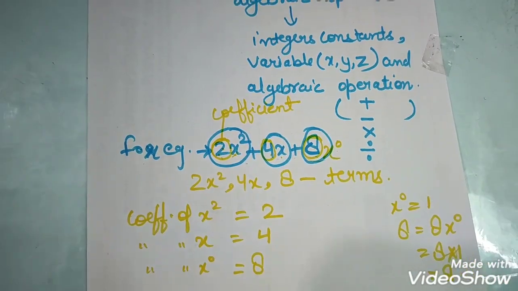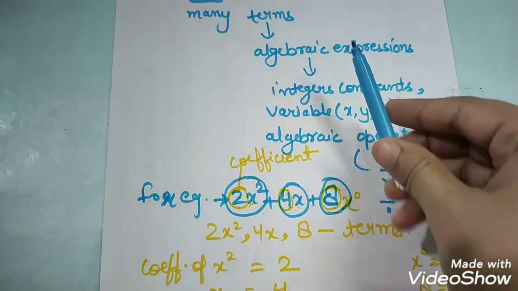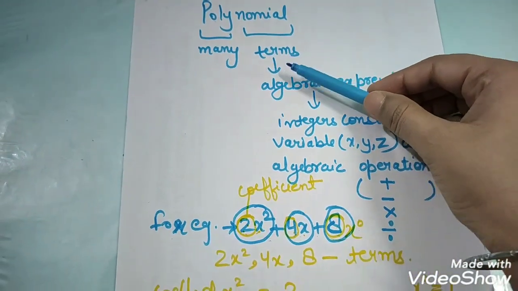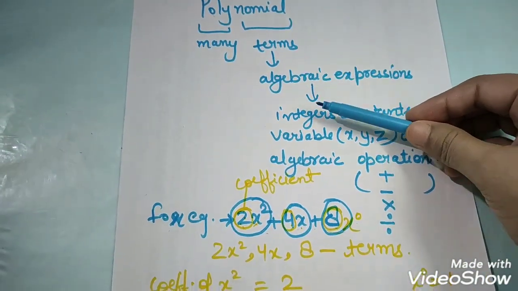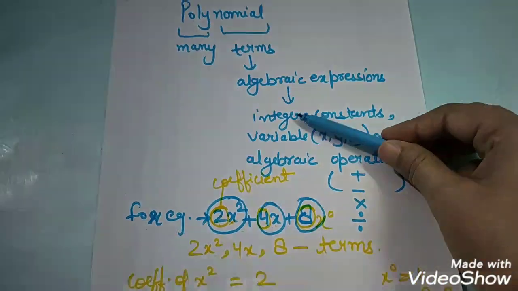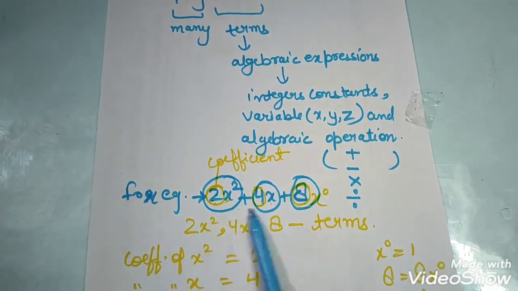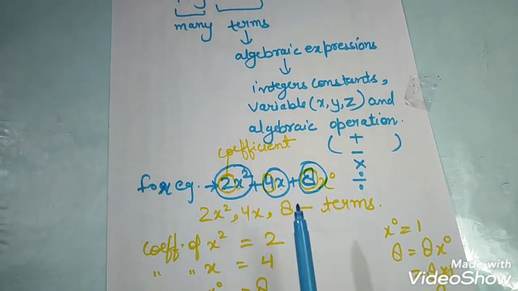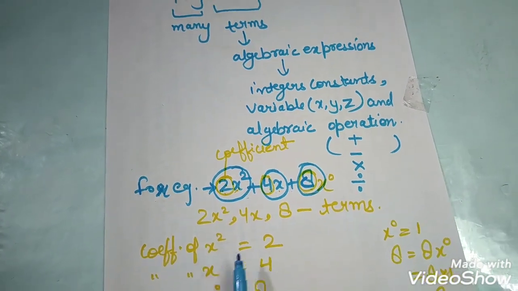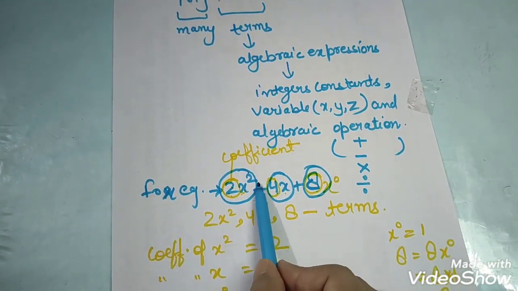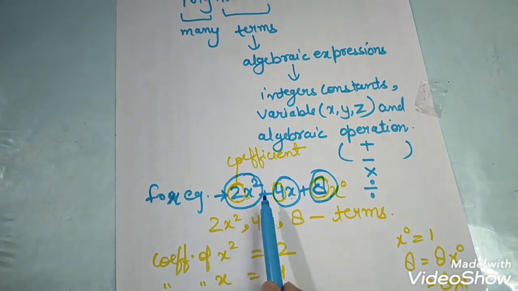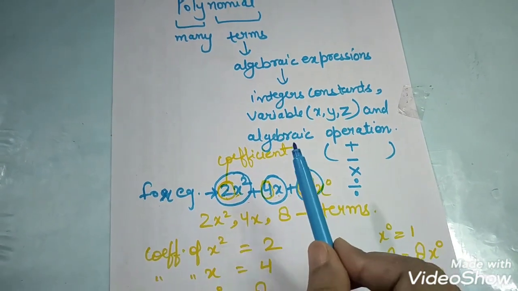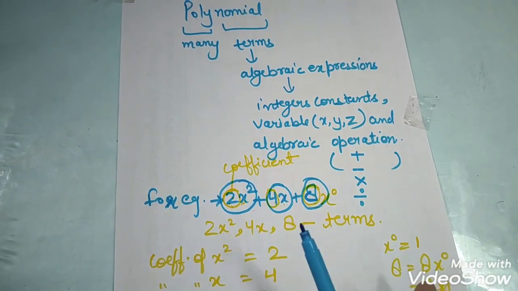Now come to the main topic, from where we started. We were studying polynomials, but from the polynomial we included terms, then from terms we included algebraic expressions, and that goes on, and we came here. But we have not yet included the polynomial. Now look, terms have come, coefficient is included, and the operation here is plus, the addition operation. So terms are included, operation is included, all the algebraic expressions are included.